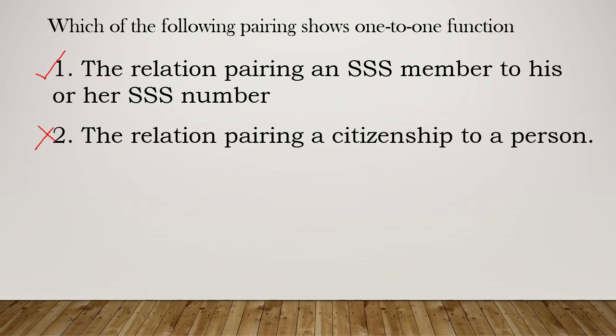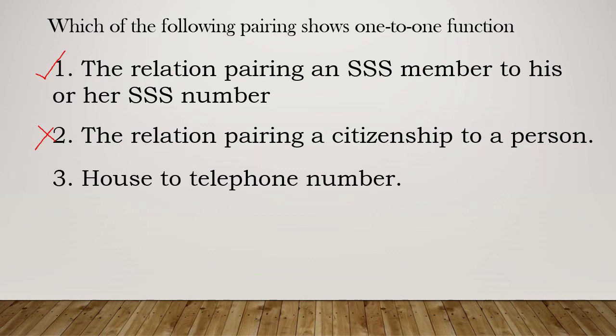So if we pair the citizenship of a person, there are one-to-one, but there is also two-to-one or one-to-two citizenships.